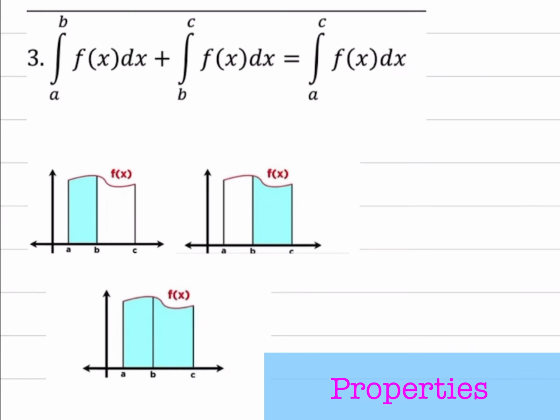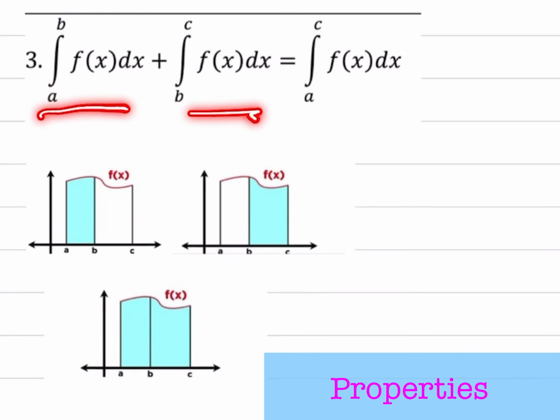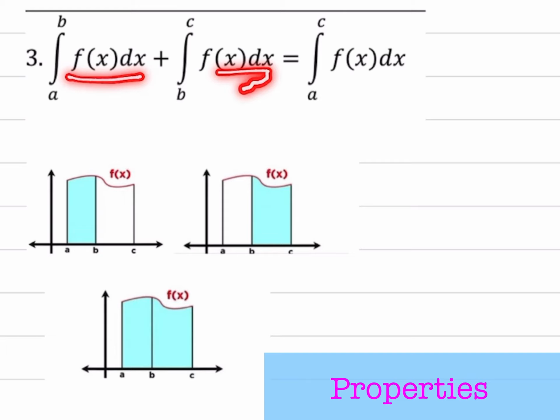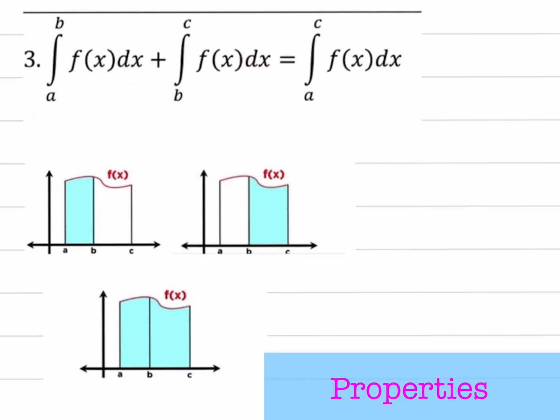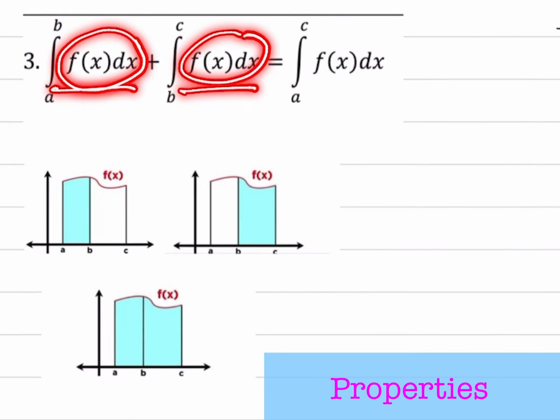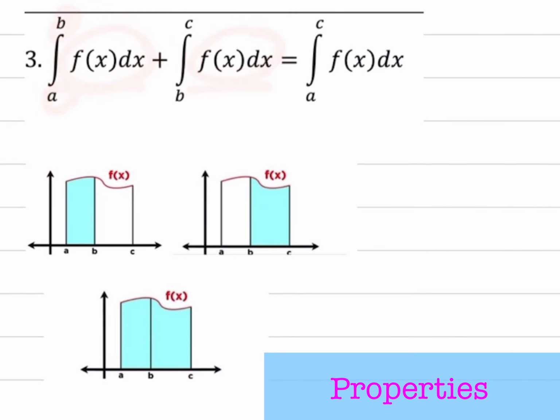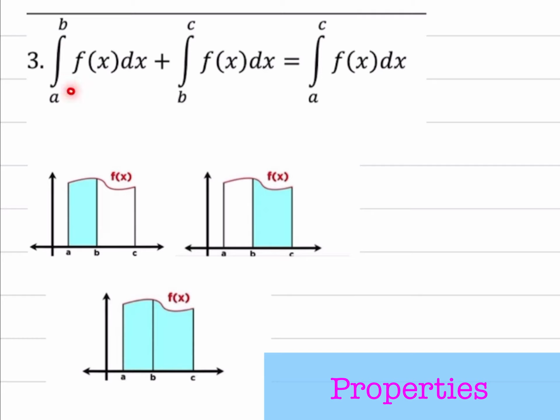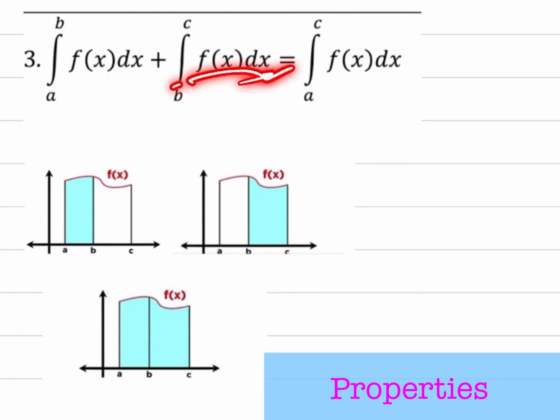Next, we have two integrals of the same function over adjacent intervals. Take note, the first has a to b as its limits, and the second has b to c as its limits.